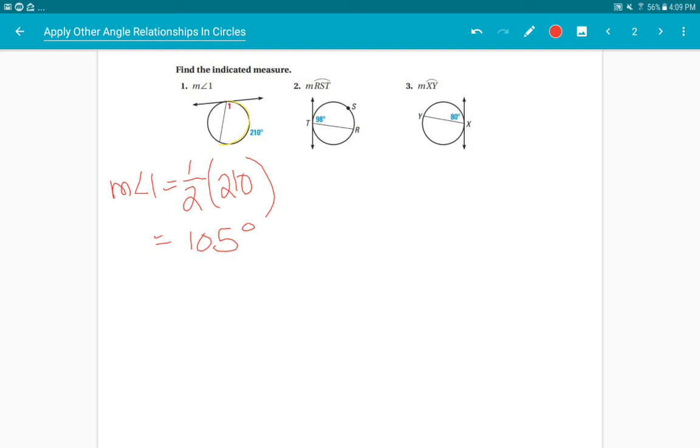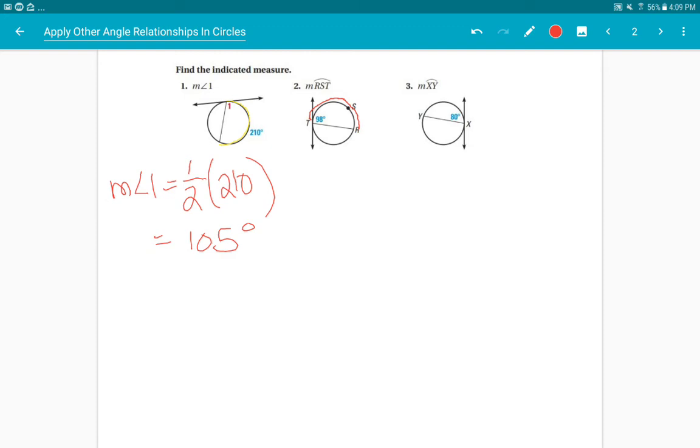Okay, let's look here. The measurement of arc RST. They want us to find the measurement of this entire arc, so we have to work backwards. We have the inscribed angle, which is 98.